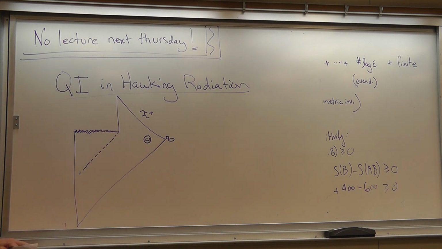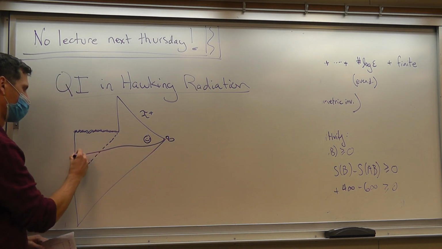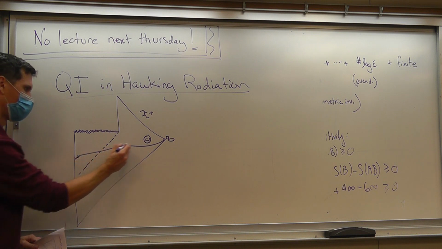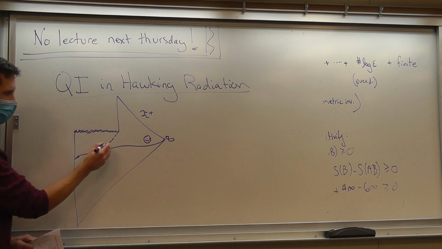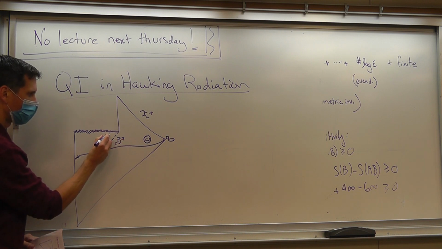Okay, so at early times, a spatial slice looks like that. And we're assuming that this black hole formed in a pure state, like a pure collapsing star. This is a pure state. But now there's Hawking radiation. The black hole shrinks.